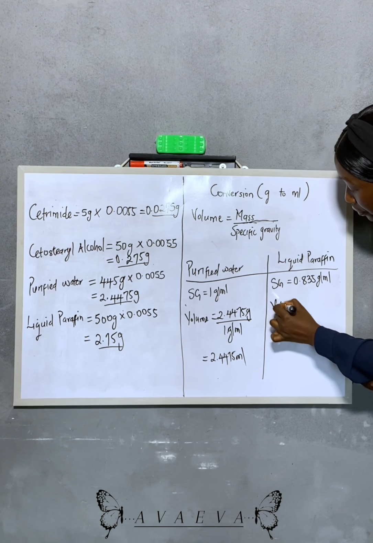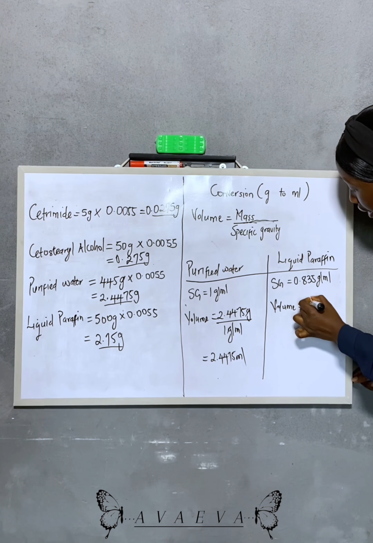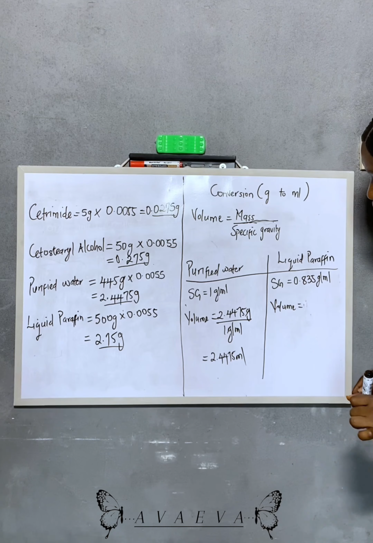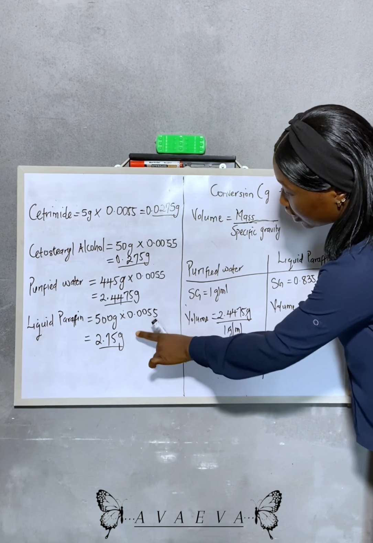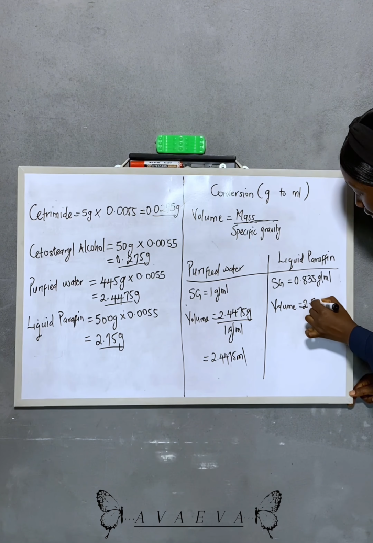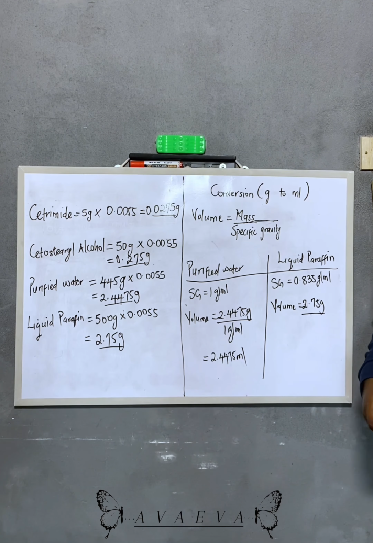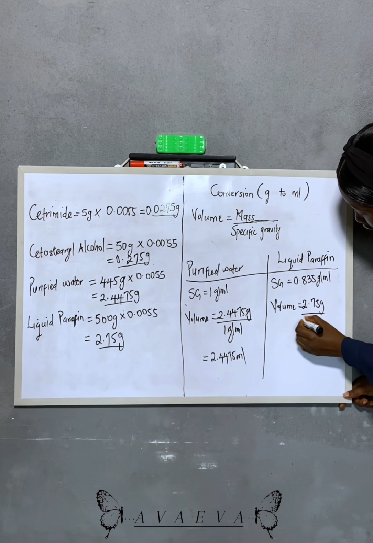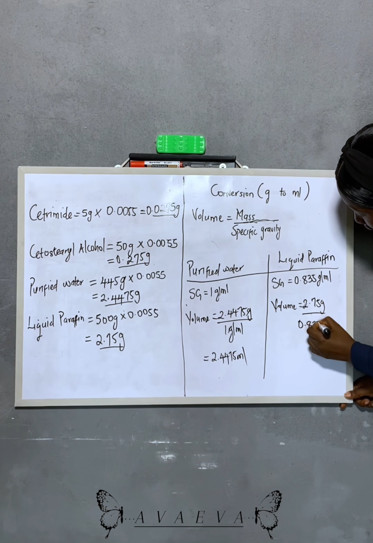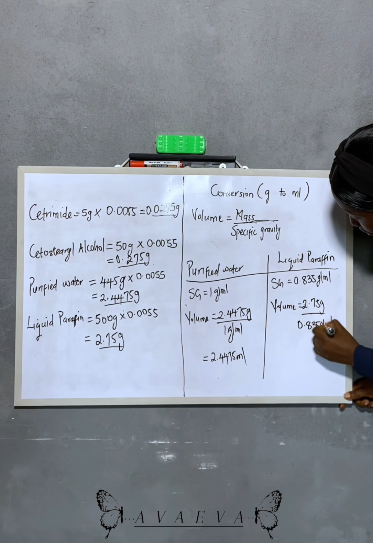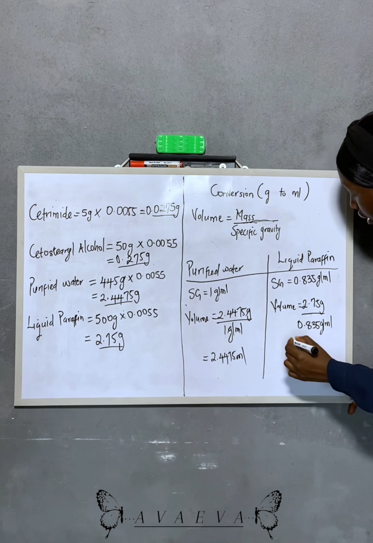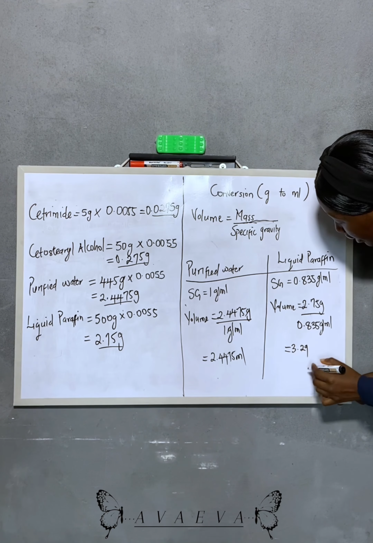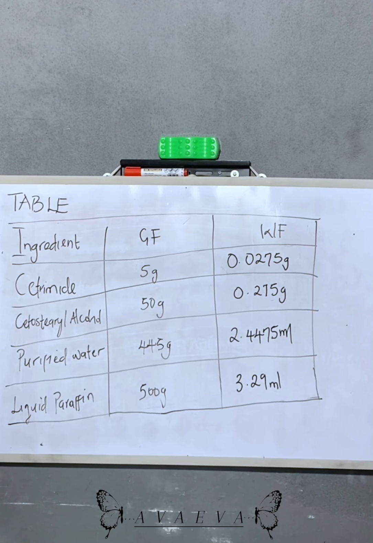Now your volume will be equal to the mass, which is 2.75 gram divided by your specific gravity, which is 0.835 gram per mil, which will give you 3.29 mil. Once that has been established, you have your table this way. You write down all the values you had calculated on the column for the working formula.